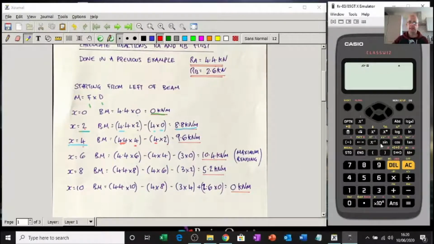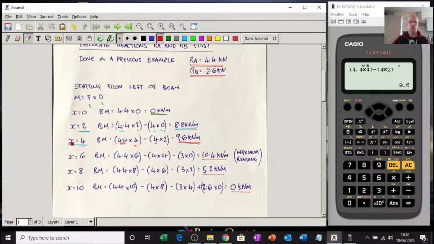So in your calculator, do 4.4 times by 4. This one's going anti-clockwise, so we'll take it away: 4 times by 2. We'll work out the moments at that point. Gives me 9.6. Don't forget the kilo. So 9.6, so it's going up. So there's more of a bending moment there than there is there.